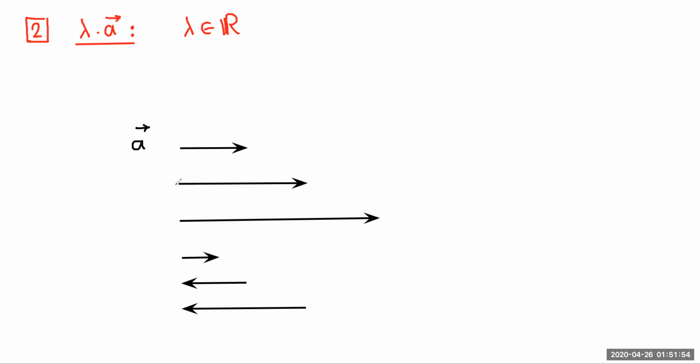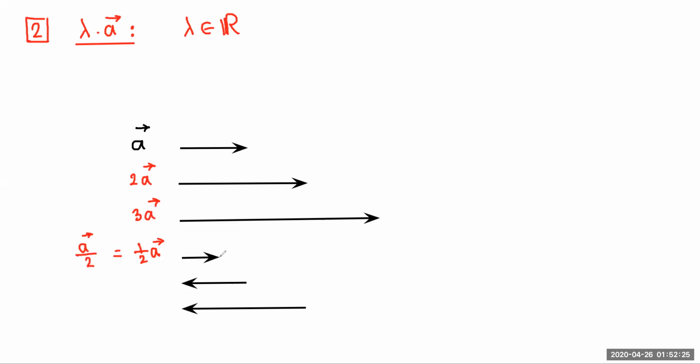Let's begin by giving some examples. If the vector A is given like this, this is the vector 2A in the same direction, parallel to A, and the length of this vector is 2 times the length of A. Here you have the vector 3A, and here the vector half A, or you can write it A divided by 2.